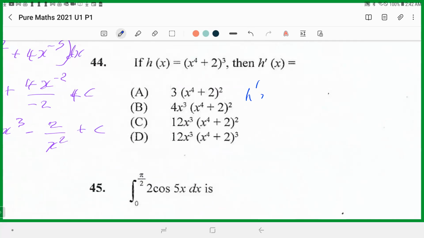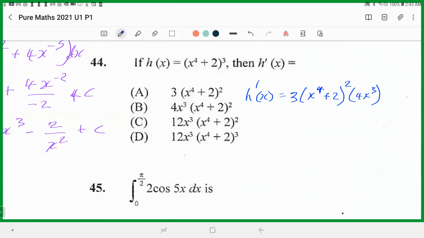h prime of x equals, differentiate first as if it is x cubed. So it will become 3 into x to the 4th power plus 2, squared, with the power 2. Then differentiate what's inside here times, it's going to give us 4x cubed.